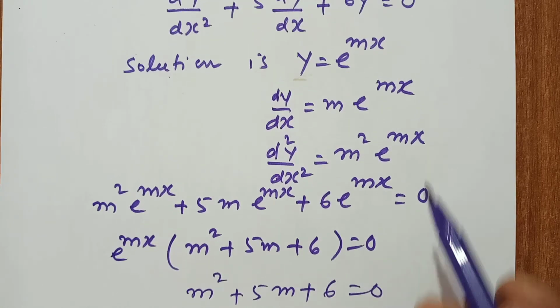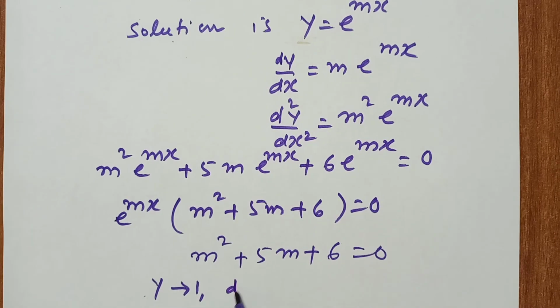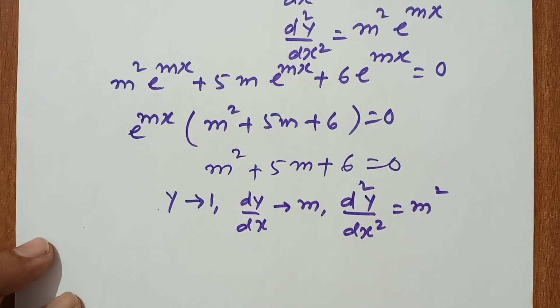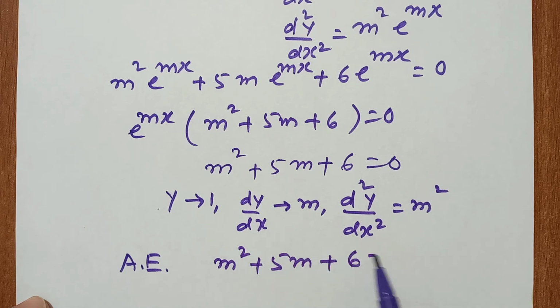It means you put y equal to 1, dy by dx equal to m, and d2y by dx2 equal to m square. So we get this equation. This is called the auxiliary equation, and in short form we write AE. So AE is m square plus 5m plus 6 is equal to 0.